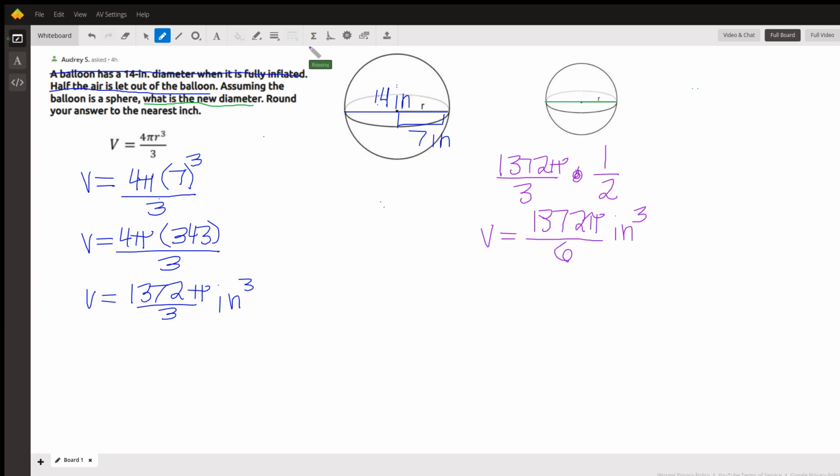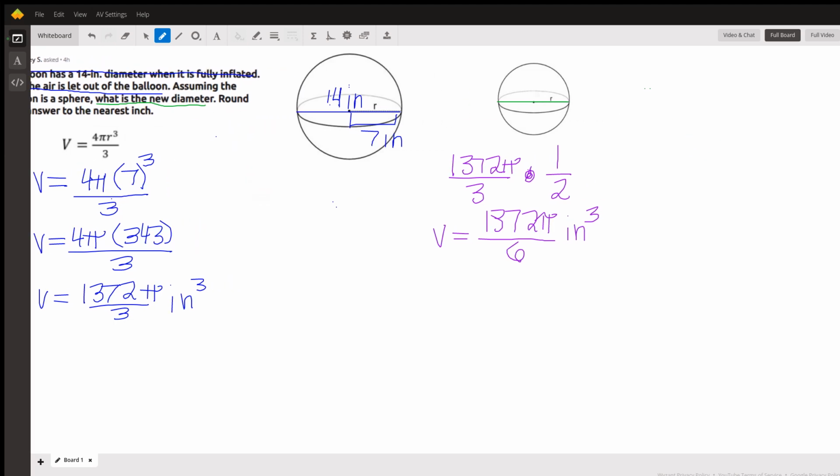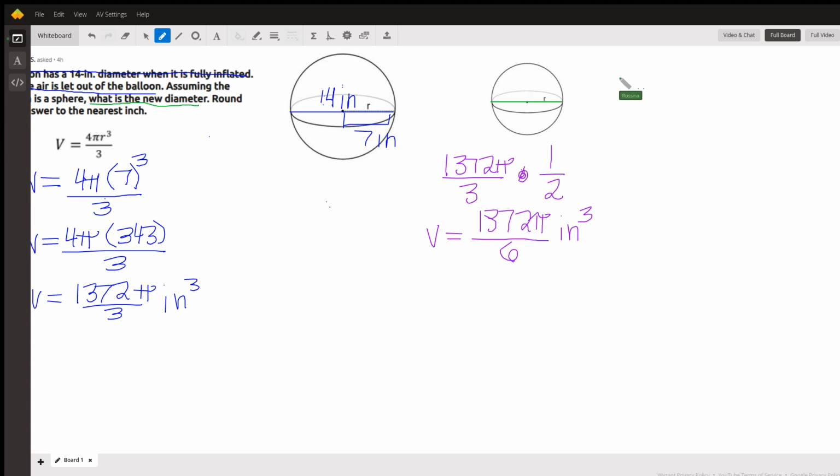At this point, you may be asking, what do I do now? I'm still looking for the diameter. Well, recall your formula over here. Look at the variables. We have V, we have r. What do we know about that smaller balloon? I know its volume. So we can resort to our formula again: volume equals 4 pi r cubed over 3.